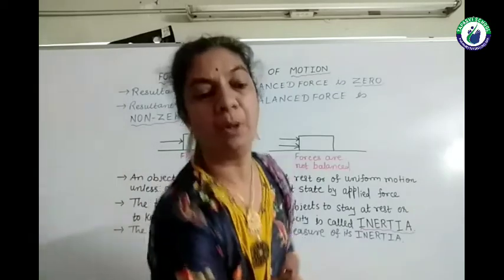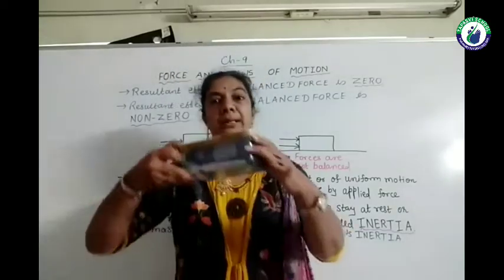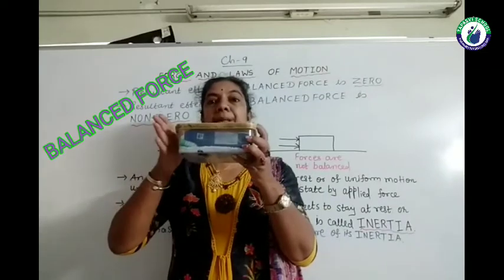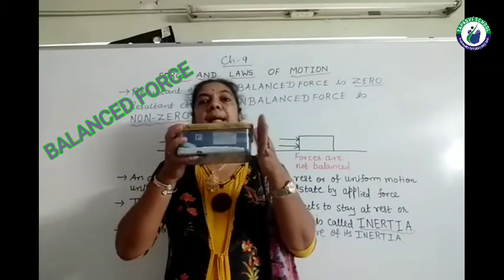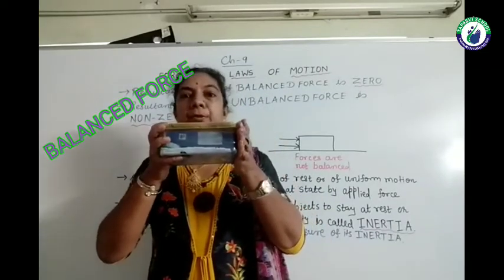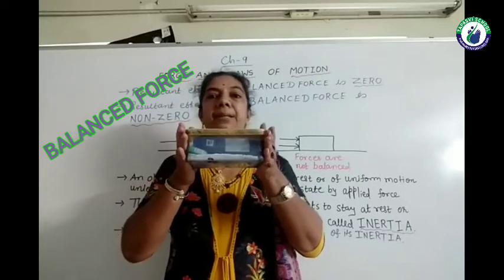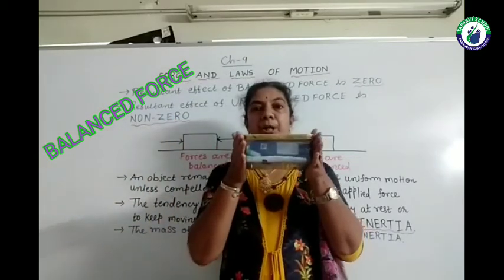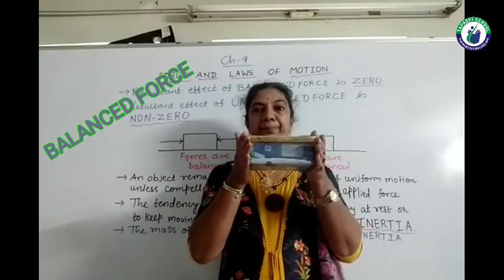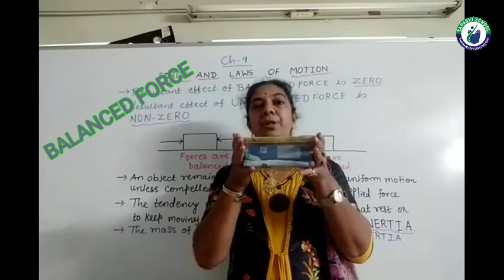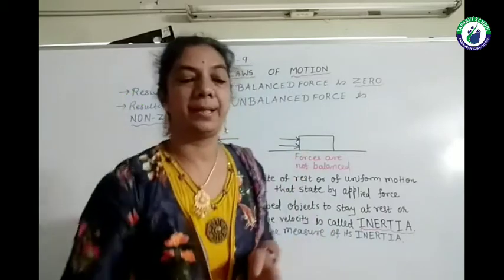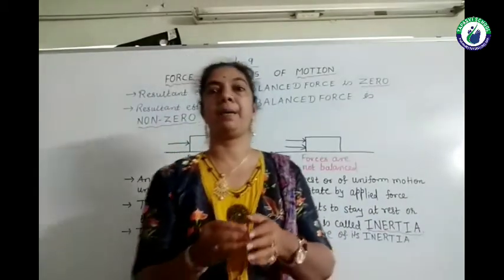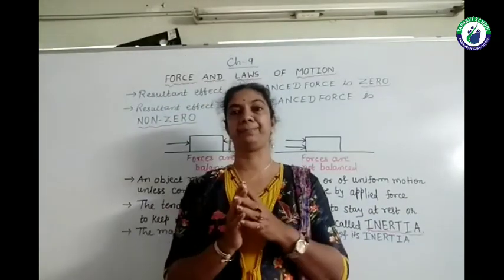Say I want to move this box. One person is applying force from this direction, one person is applying force from this direction, like this. It is this first figure I am showing you. Imagine like this. In this situation, you can understand that the forces are balanced.